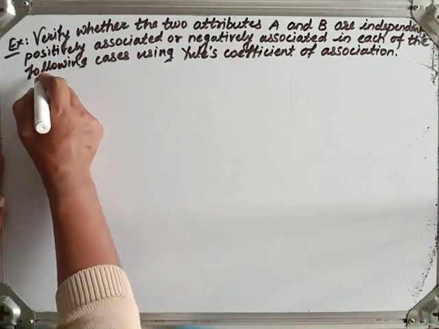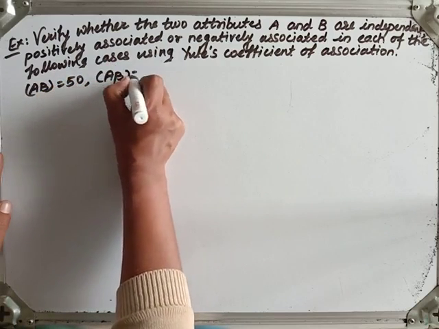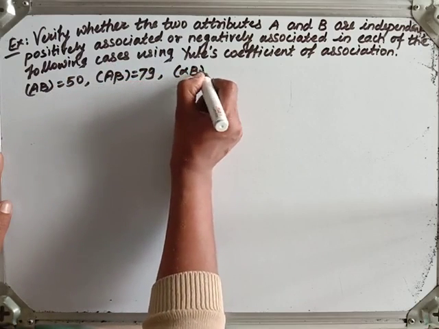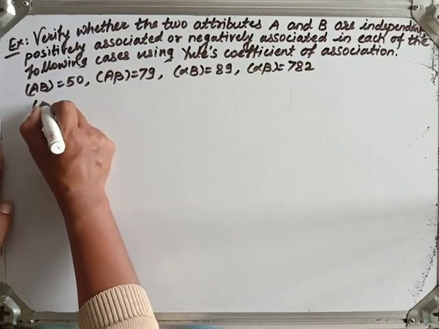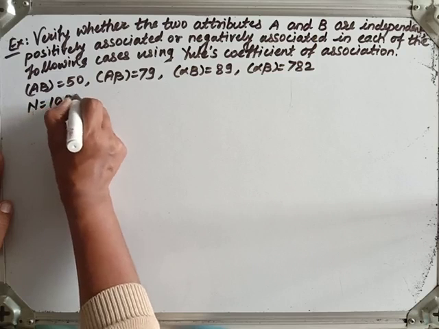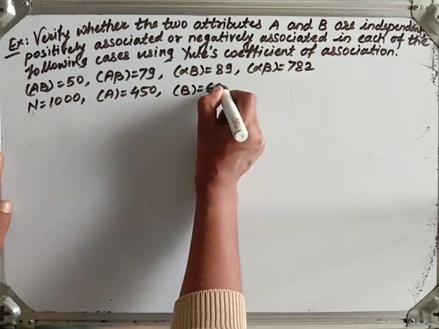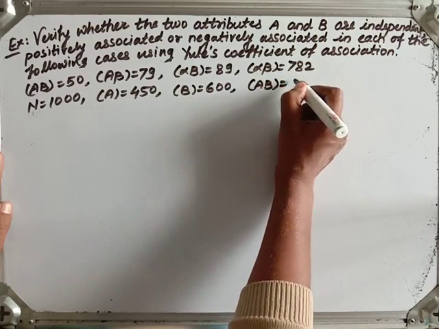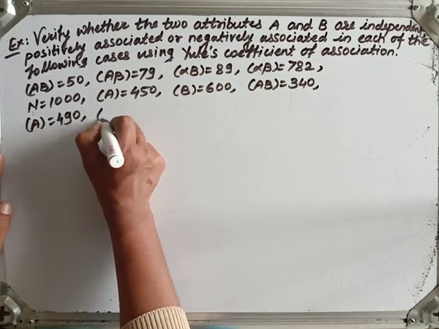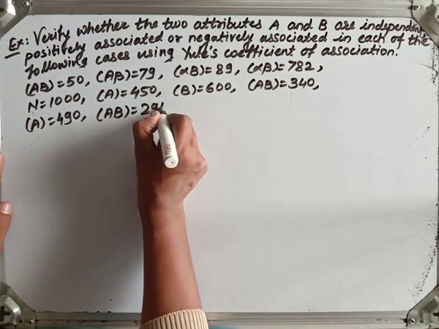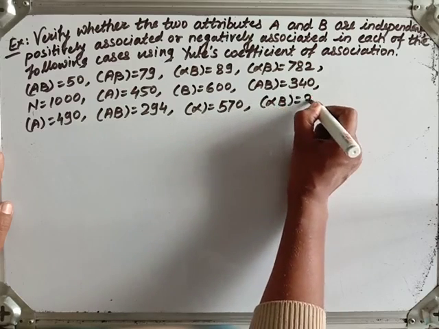Next one, A is 490, AB is 294, alpha is 570 and alpha B is 380.